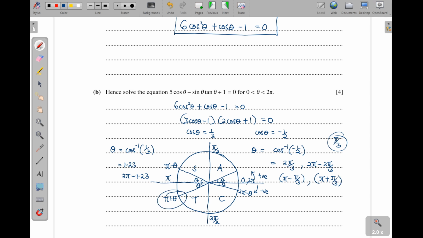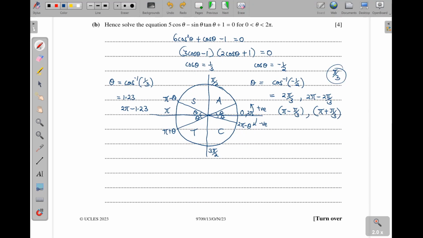This one here, okay, now let's get our answers. So theta here is going to be equal to, this one is coming from the first quadrant, so I'm going to put them in ascending order. So 1.23 radians. Then the next one is here, which is this one here, 2 pi over 3. So 2 pi over 3. And then the third one here is actually this one.